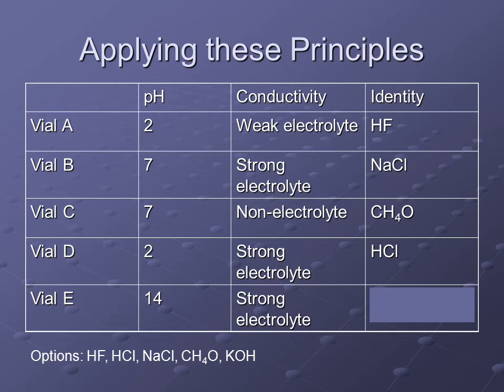But if you look at it logically, it's basic, so that means it has to contain hydroxide ions, oxide ions, sulfide ions, carbonate ions, or bicarbonate ions. The only compound we have that contains one of those ions is potassium hydroxide. Okay, so by using very little information, we can identify some unknown substances.